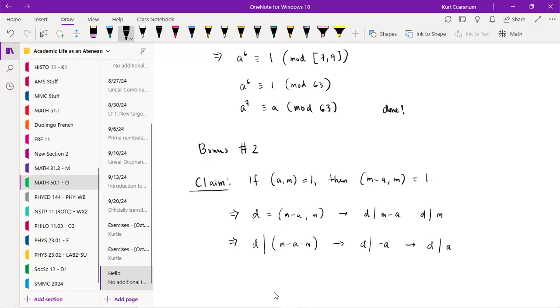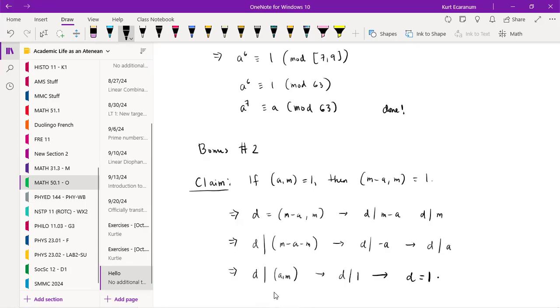But then, from our first statement, the GCD of a and m is 1, so d divides a and d divides m, and there is no other way but for d to divide the GCD of a and m, which is 1. So d divides 1, and so d equals 1.